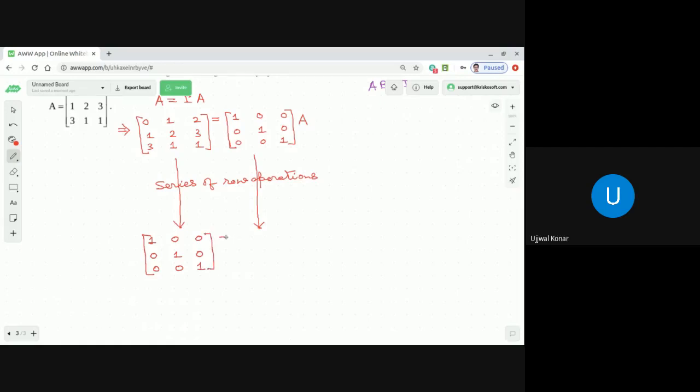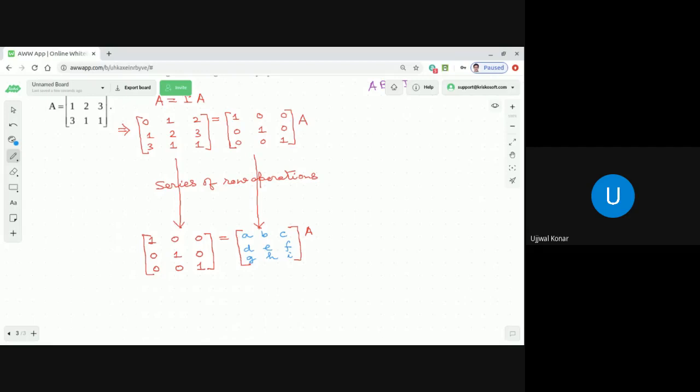On the right-hand side, as we perform the same series of row operations, we do not know what we will get. Suppose we get A, B, C, D, E, F, G, H, I; that matrix is the inverse of the matrix A.